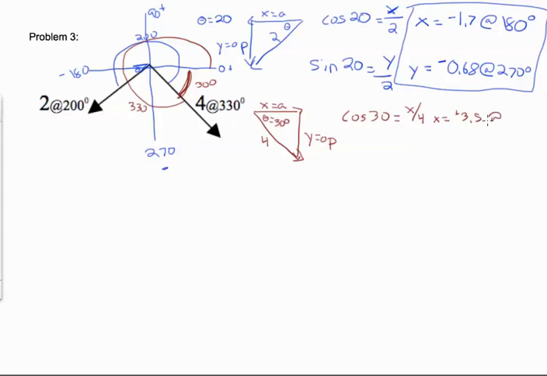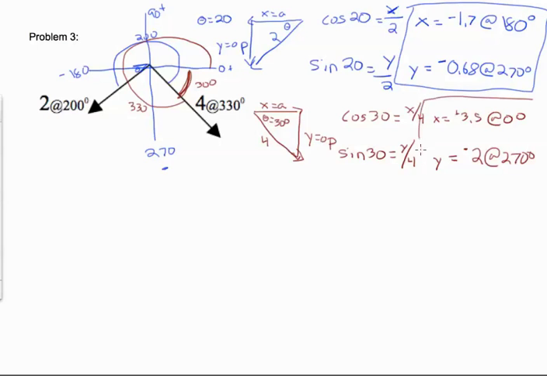To find our y, we do the sine of theta equals opposite over hypotenuse. And we get 2, and because it's pointing down at 270, we get negative 2 at 270 degrees.